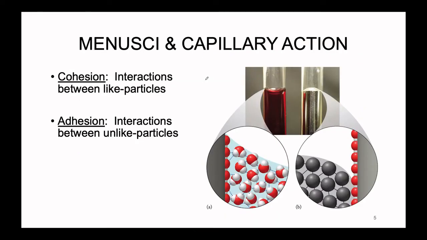The next of the properties that we are going to talk about is called capillary action. So the property of capillary action is also related to how menisci, which is the plural of meniscus, are formed. So we actually can describe both of these two phenomena at the exact same time. And these phenomena are caused by a balance between the forces of cohesion and adhesion.